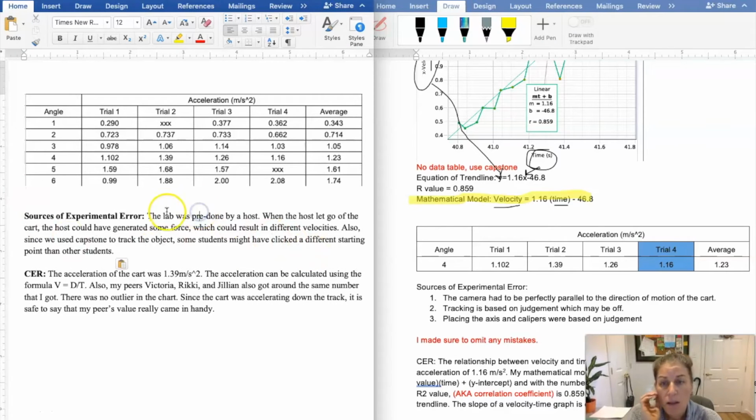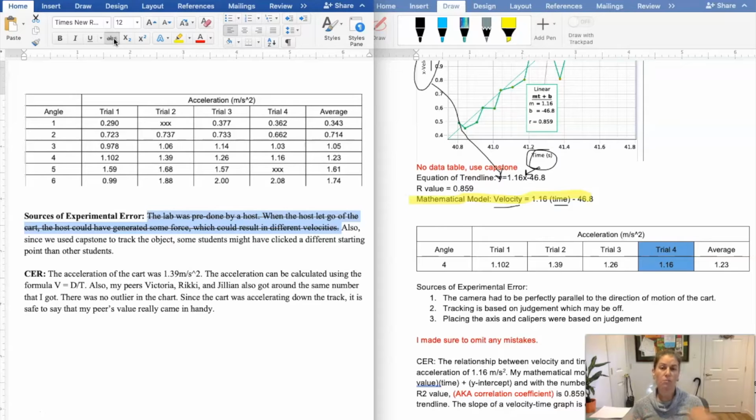So it says, this lab was pre-done by a host. When the host let go of the cart, you could generate some force. This is not a good source of error, because first of all, you want to talk about this as if you're doing it, not as if I'm doing it. Remember, we're in a weird situation right now, but you have to understand how the experiment was set up.